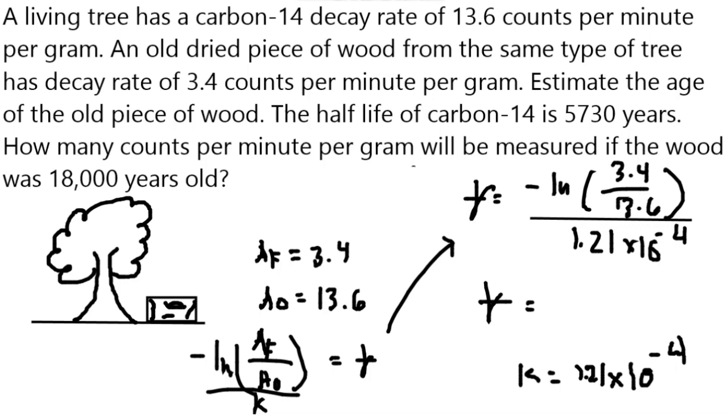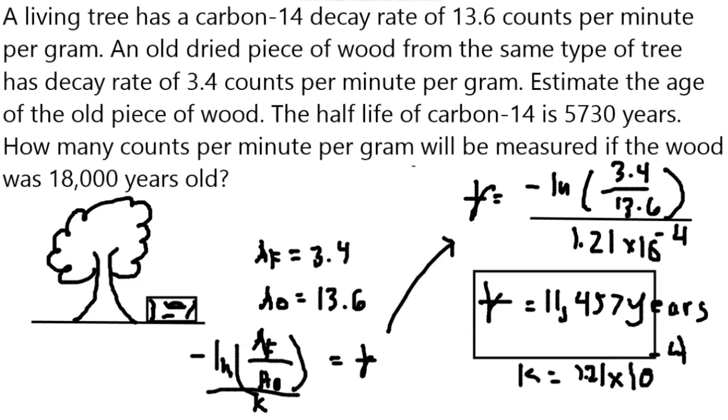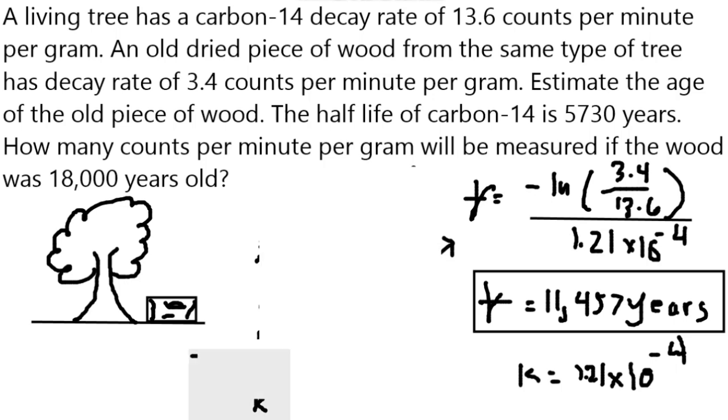That's the decay constant. So the age of the old piece of wood is going to be around 11,457 years. That's the old piece of wood age.